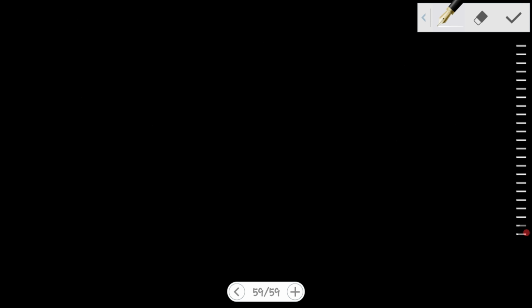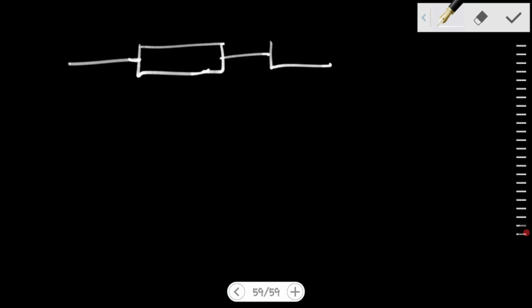Let's consider series connection, where current is flowing through, and this is R1 and this is R2.